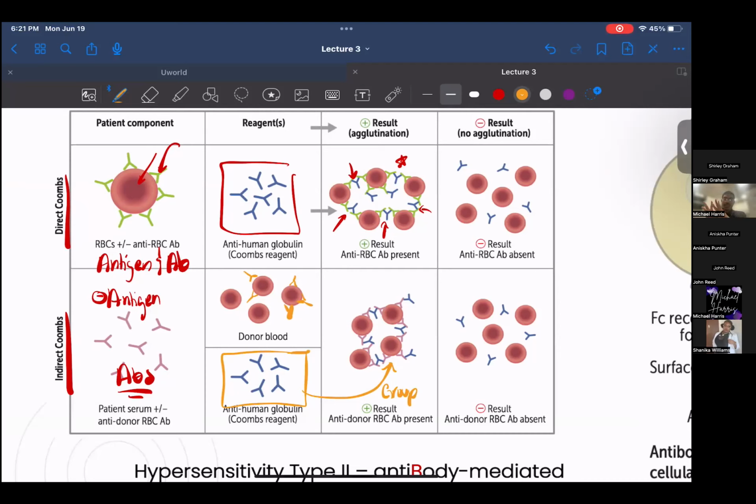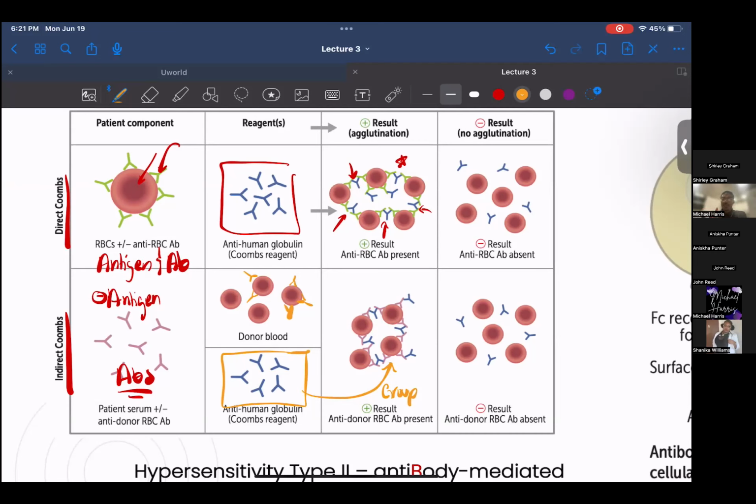No, exactly. Because these antibodies are not bound to the antigen. You've been exposed to it, but you currently do not have the antigen in your body anymore.